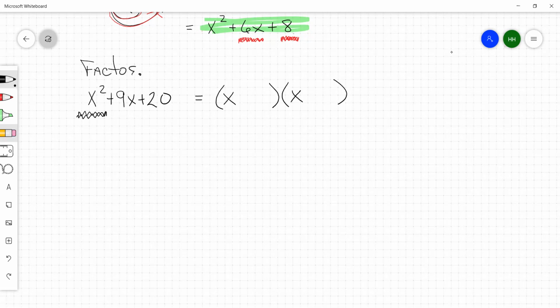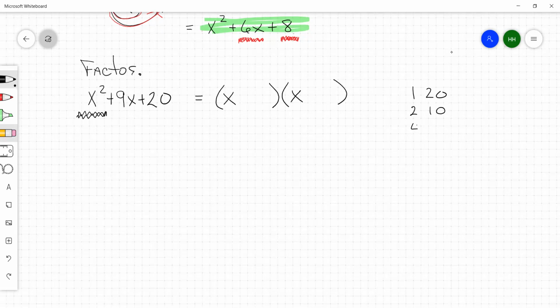All right? So I used to teach this as you write a list of the factors of 20 because you need the factors of 20 that add to 9. So you got a 1 and a 20. They won't add to 9. And then you've got a 2 and a 10, but they don't add to 9.